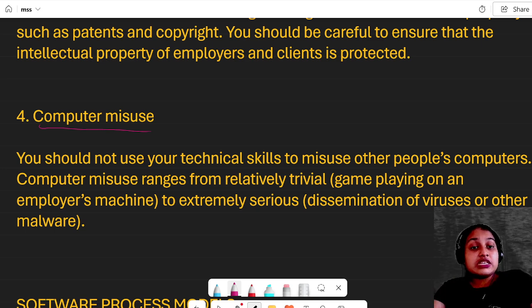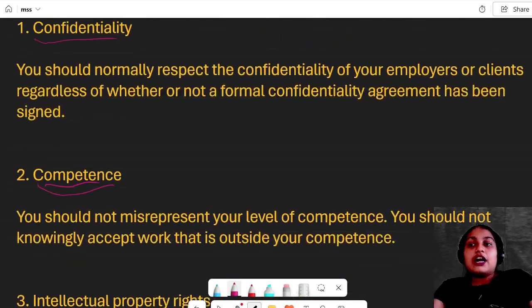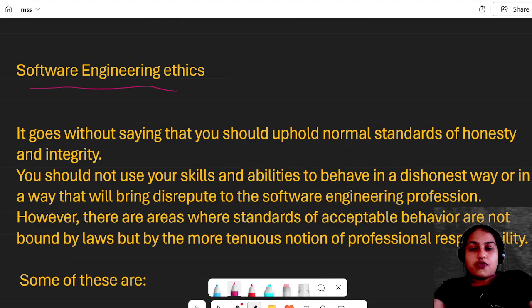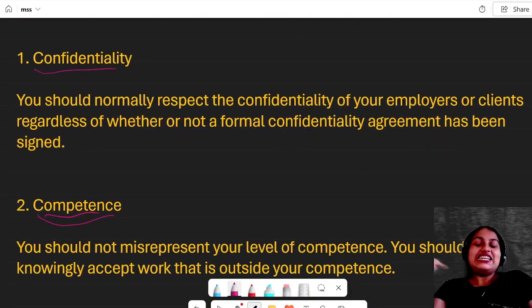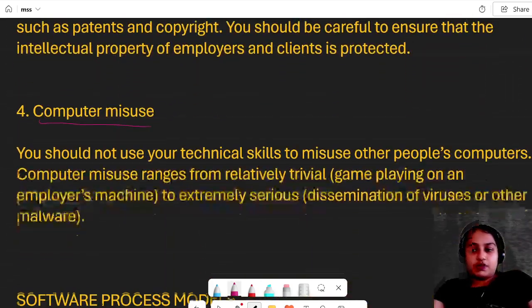And extremely serious means if you disseminate viruses or other malware in some other system. So these are just examples. Now, these are the software engineering ethics that you should be following: confidentiality, competence, intellectual property rights, and computer misuse.